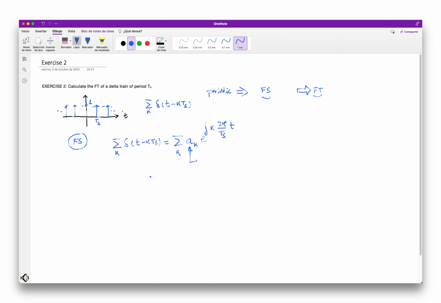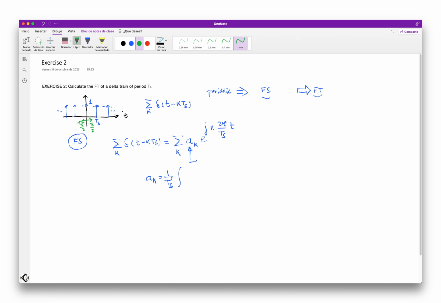To calculate the coefficients a sub k, there is the coefficient formula, which is 1 divided by the period of the signal, in this case t sub s, times the integral over any period of the signal. As always, we can pick any period, but we will pick this one, which goes between minus t s divided by 2 and t s divided by 2.